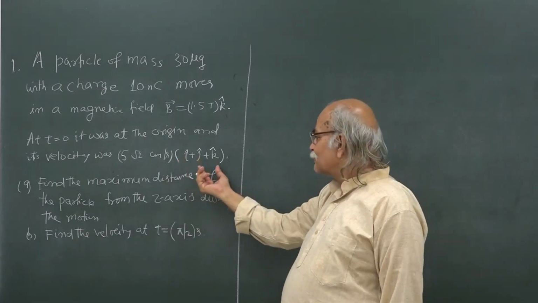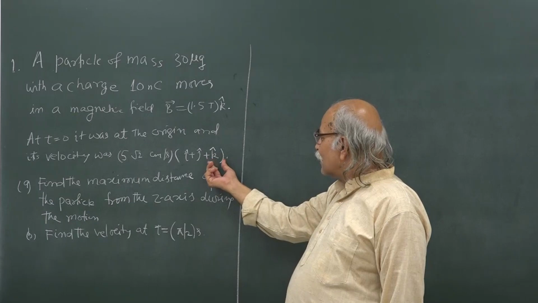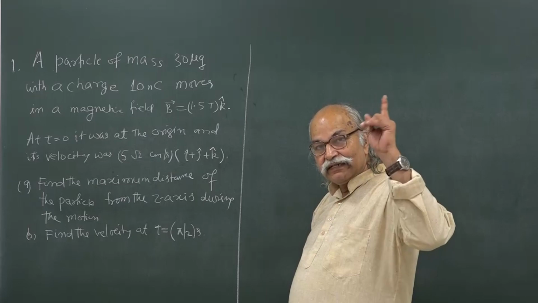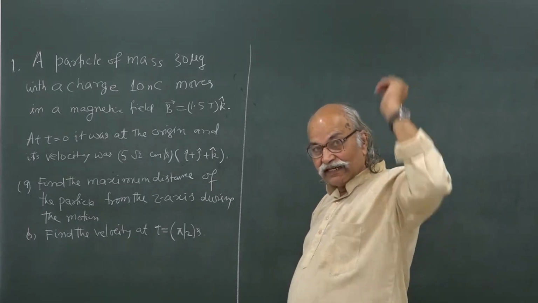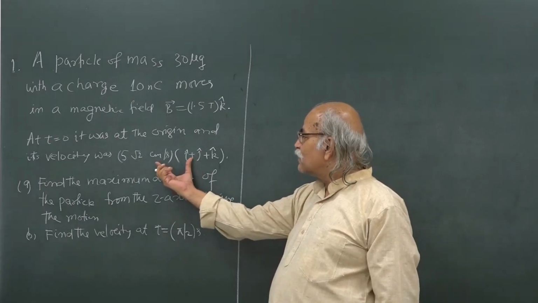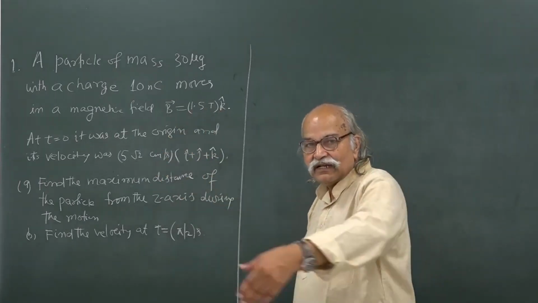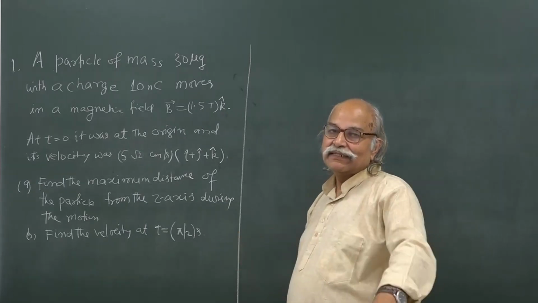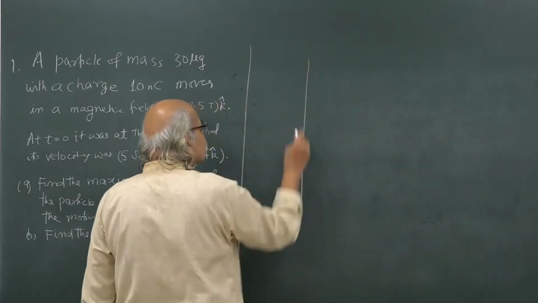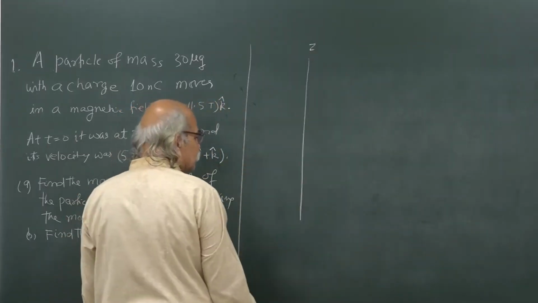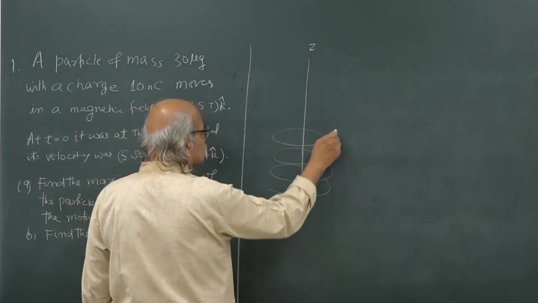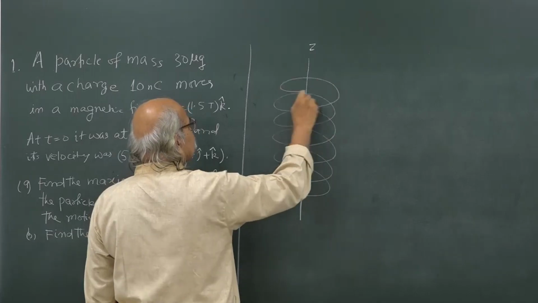Because of the part which is along the magnetic field, this velocity will remain constant and the particle will go up in z direction, but because of the perpendicular component, in xy plane it will go in circle. So, if this is z axis, the path will be something like this, it will spiral, every time it is going up.